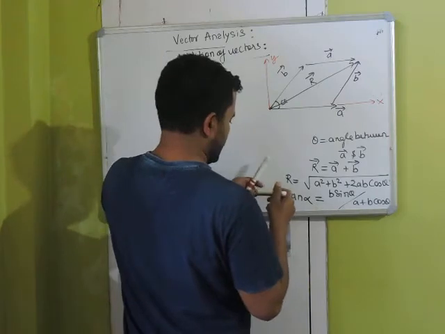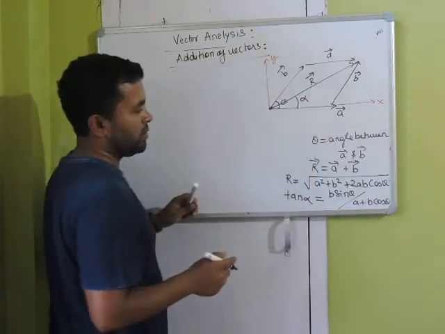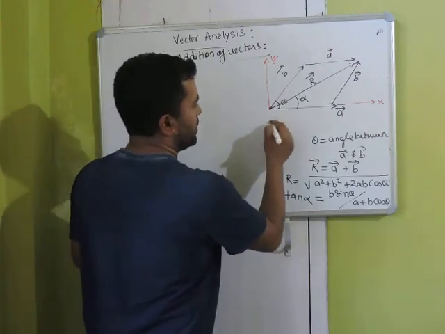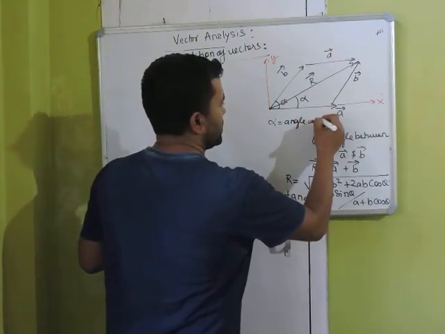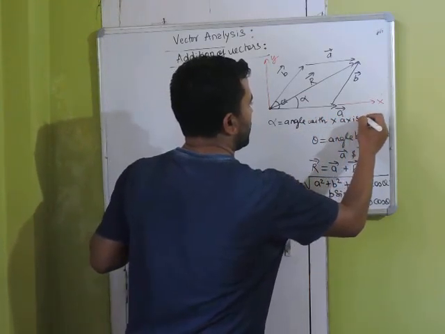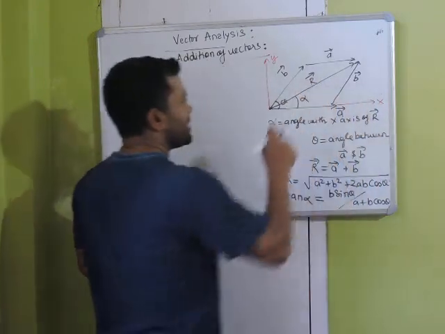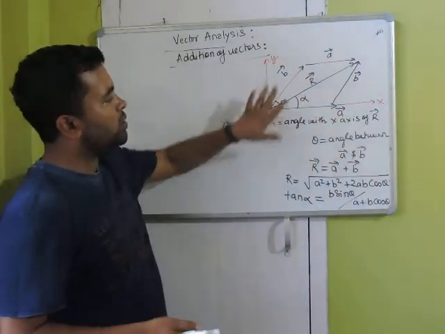Here alpha is the angle which R makes with the x axis. The R vector is called the resultant vector. Now let us solve it through components.